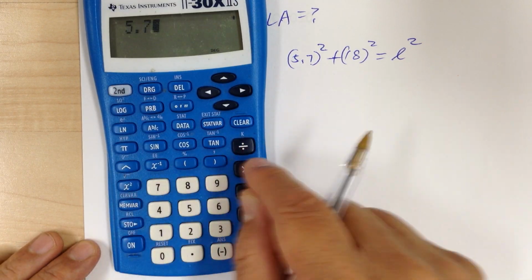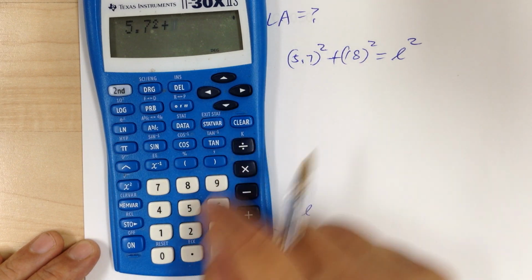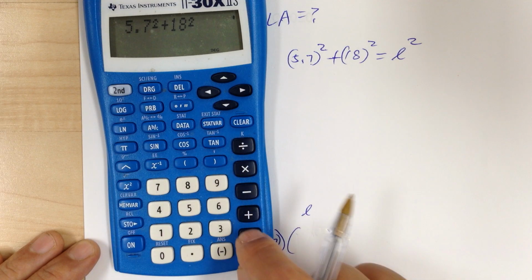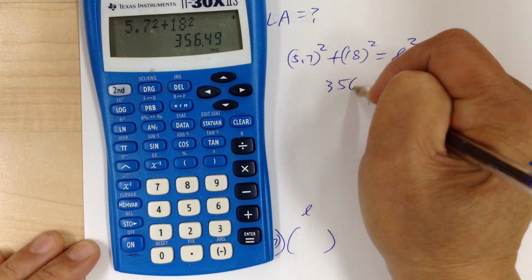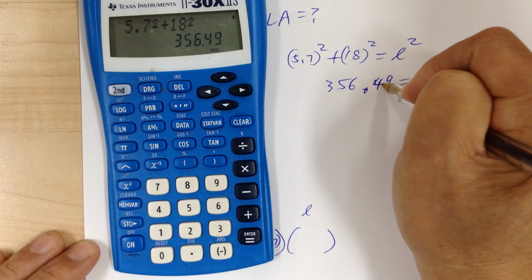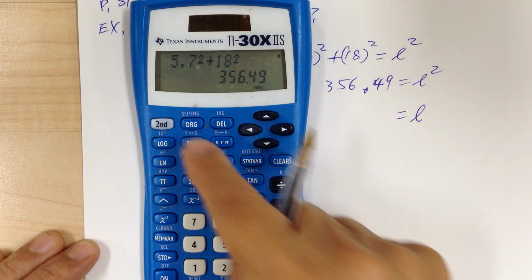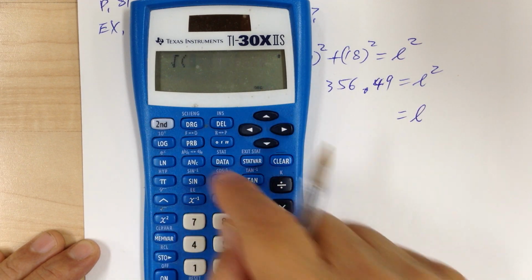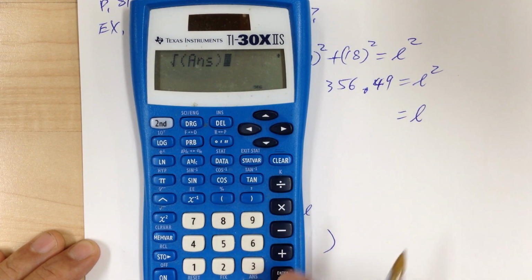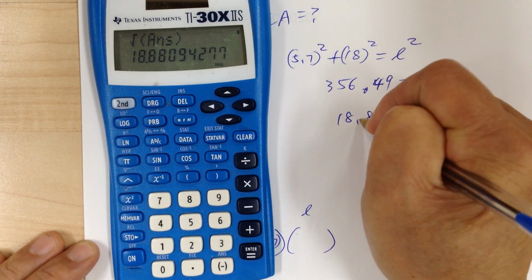So 5.7 squared plus 18 squared. So this would be 356.49 equal to L squared. Okay, I just use the calculator, right? And then I'm going to take the square root of that. So it's 18.88. Okay.